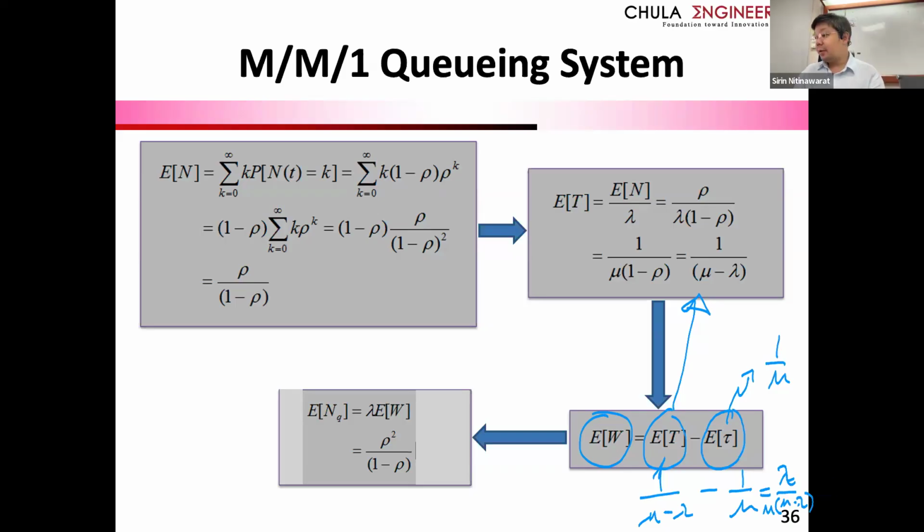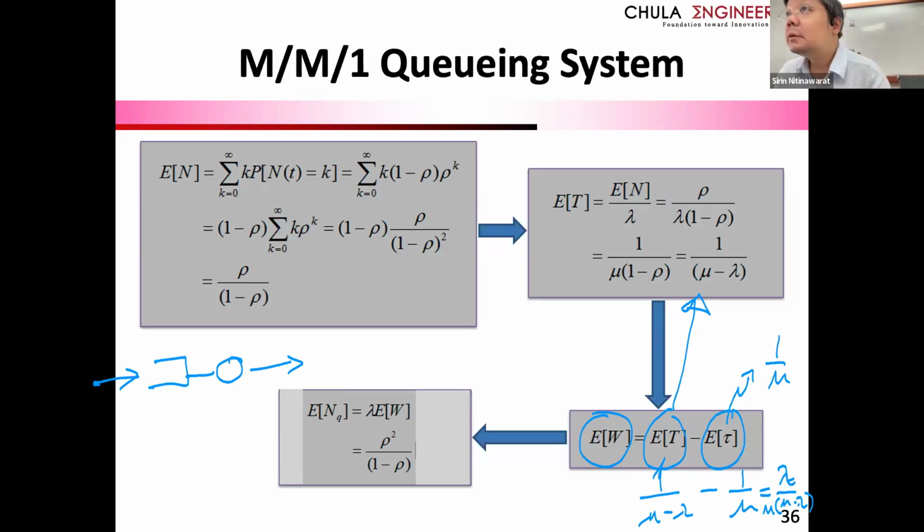So now that you have computed the expected wait time, another interesting side effect is what? Remember, the MM1 queuing system is like this. There's a queue connecting to the sole server, and the arrival is coming in here.